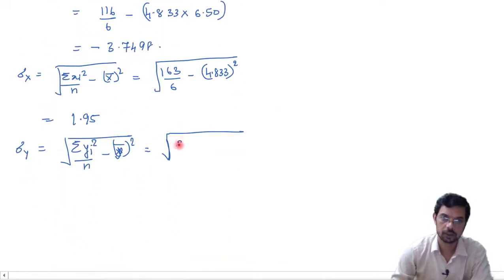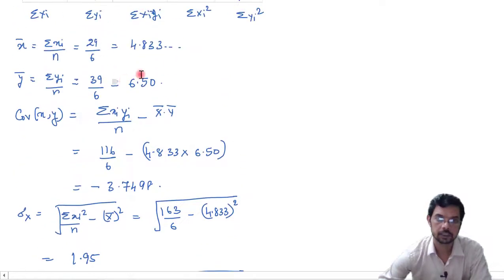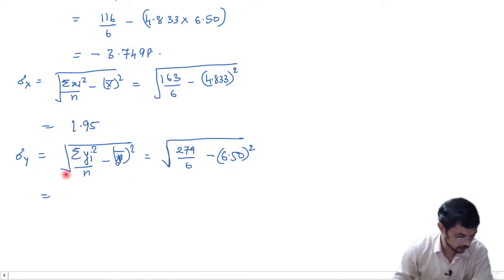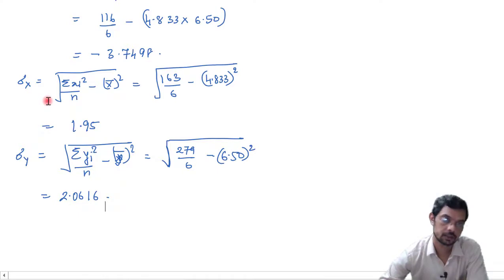This is 279 divided by 6 minus, what is y bar? Y bar is given as 6.50. So we have 6.50 as our value into the whole square. Okay, when we calculate this, what we get here is 2.0616.